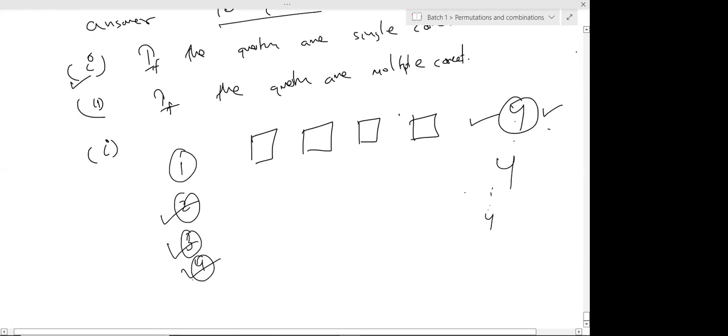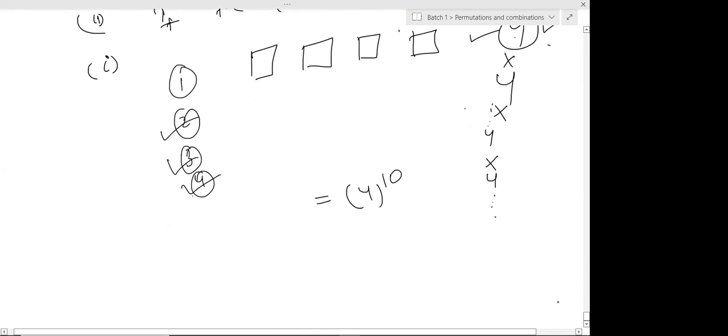Four options for this, and four options for this, and four options for this, and four options for this, like this 10 times. That means the answer is 4 raised to the power 10. All right. Is it clear, Shavya? Yes, sir. Okay. Now try the second part.